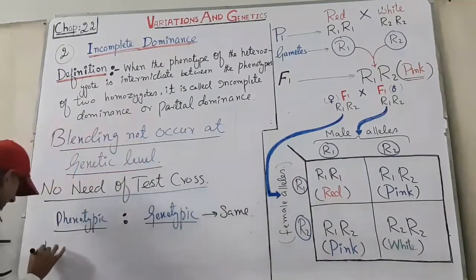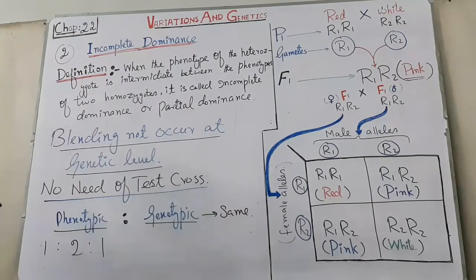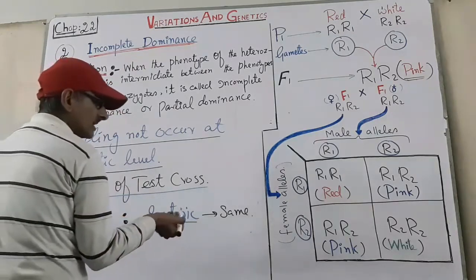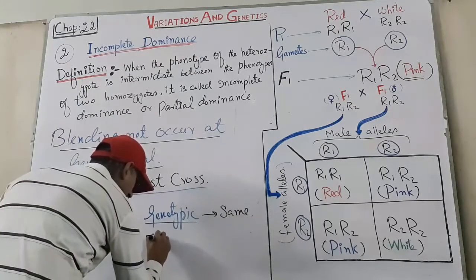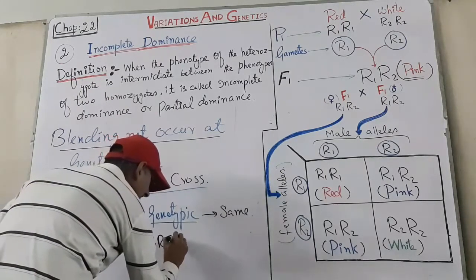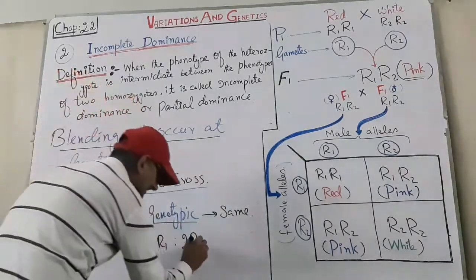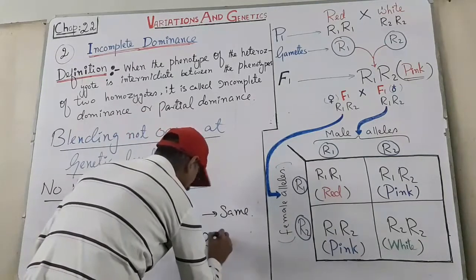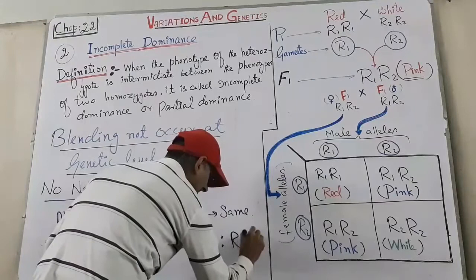The phenotypic ratio is 1:2:1, 1 red, 2 pink and 1 white, and the genotypic ratio is also the same. Capital R1 R1, and 2 plants are R1 R2, and one plant is white, which is R2 R2.